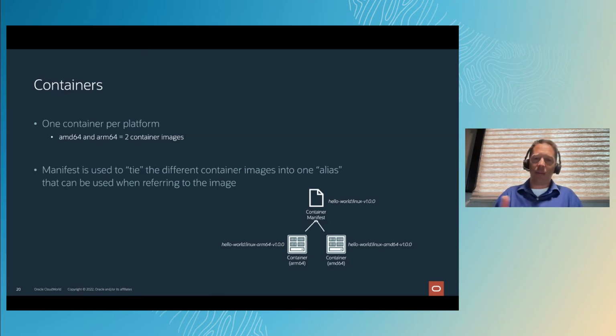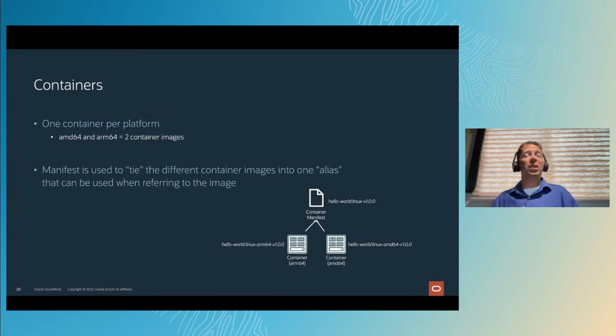For instance, in the example here, you'll see we have Hello World Linux AMD64 v100, and then we have Hello World Linux ARM64 v100. I don't want to have to reference that in my Kubernetes deployments or other references individually and keep track of different container names for different platforms.